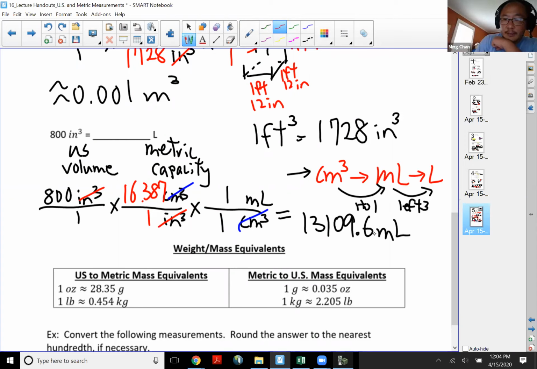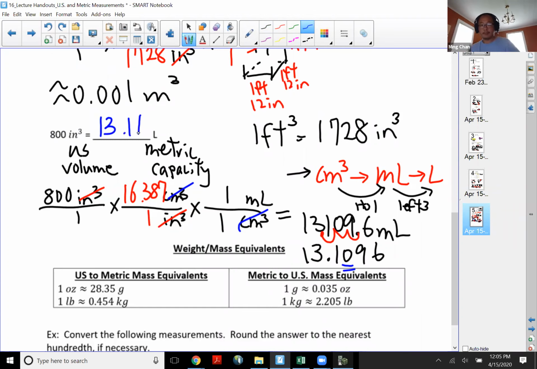Now I move my decimal to the left, 3. 1, 2, 3. My answer, 13.1096. So if I round to the nearest hundredth, which is that 0, that'll be 13.11. There you go. What do y'all think?